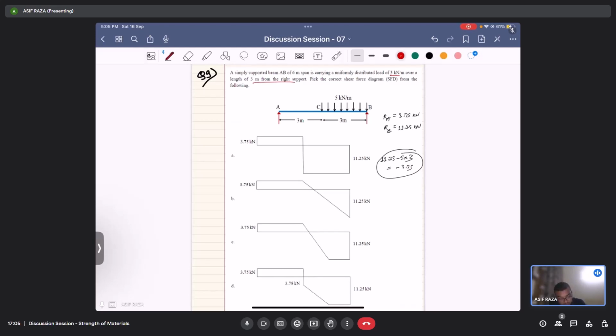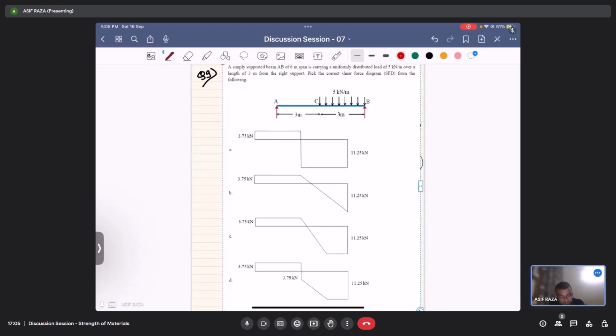So out of all four options, let's see. What I have speculated is, if you see option A here, it says there's a constant part, it doesn't vary, and this won't happen because it's a UDL. And this change directly says that there is a concentrated force only at this point, so that is not the case.